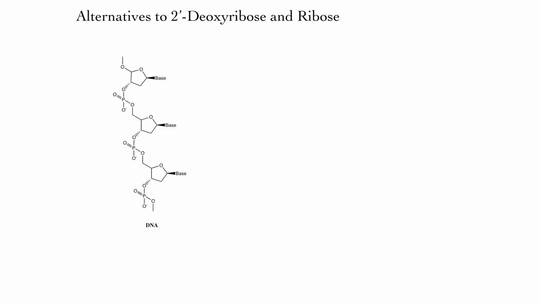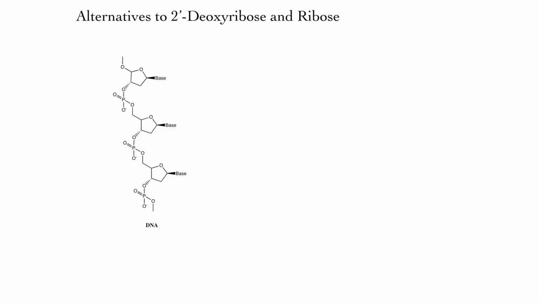So now let's look at alternatives to the sugars. We've looked at the backbone. We've seen that essentially a polyphosphate backbone is essential. Now, can we tinker with the sugars? Can we replace deoxyribose and ribose with something else and see what happens? Well, yes, here we are.